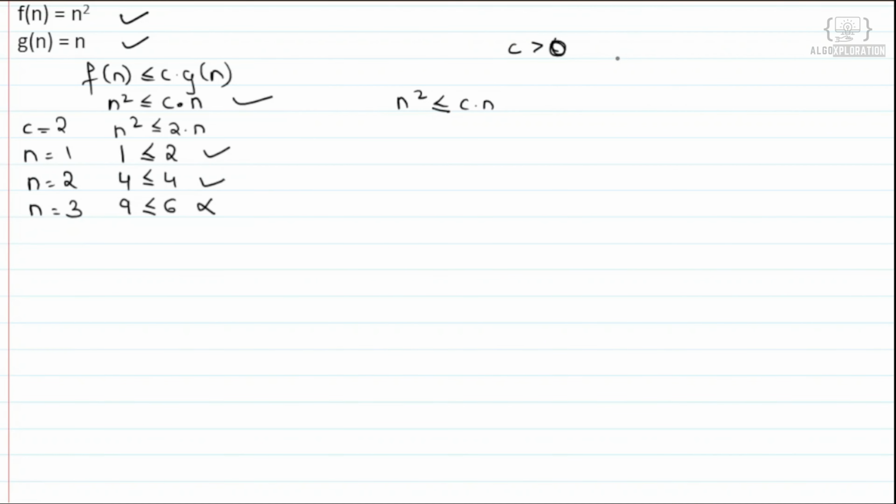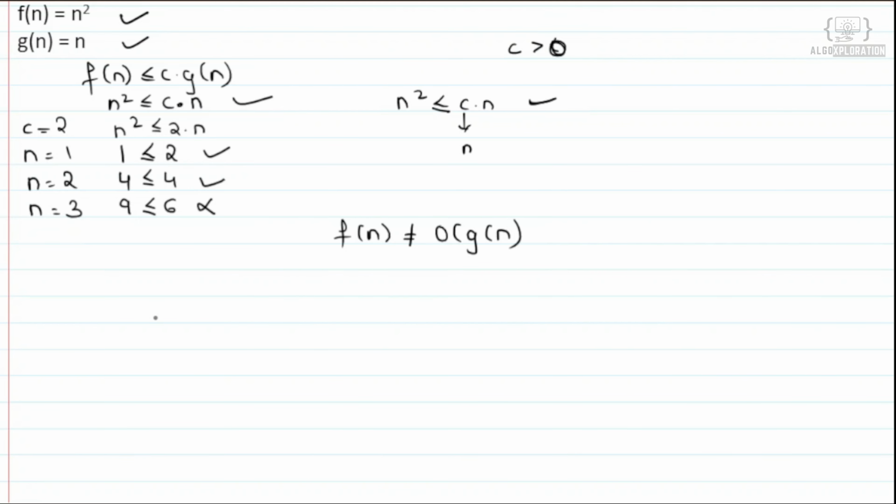So it can't be a function. If we want to satisfy this condition, we have to put c as n. At that time this condition will satisfy, but we can't put c as a function. We have to put c as constant. So here in this case f of n is not order of g of n. f of n is not a member of set g of n.